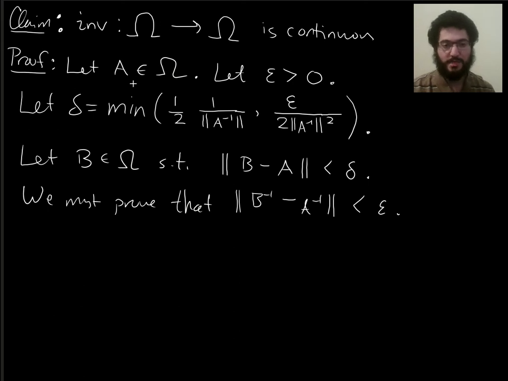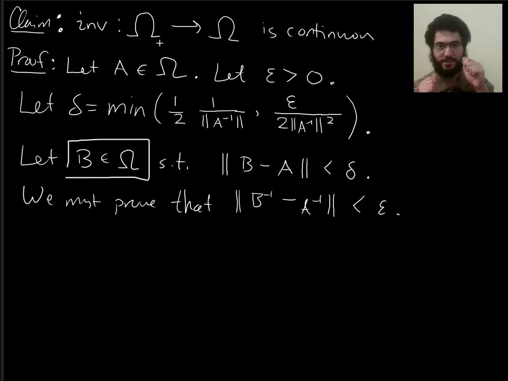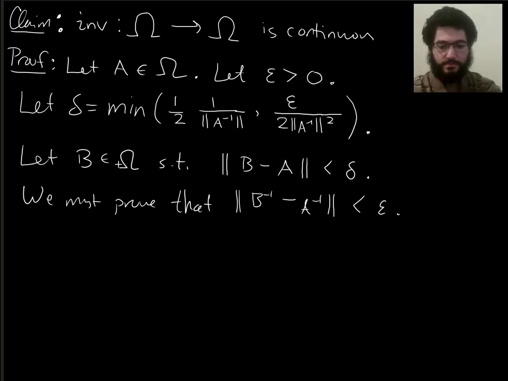So if I chose delta small enough, maybe the minimum of 3 numbers, then I could guarantee that just by virtue of B being delta close to A, which is invertible, B is invertible too. When I say omega is an open set, what you should imagine is if a linear map is close enough to an invertible linear map, then it must itself also be invertible. That's just nice to know, but we don't need it.